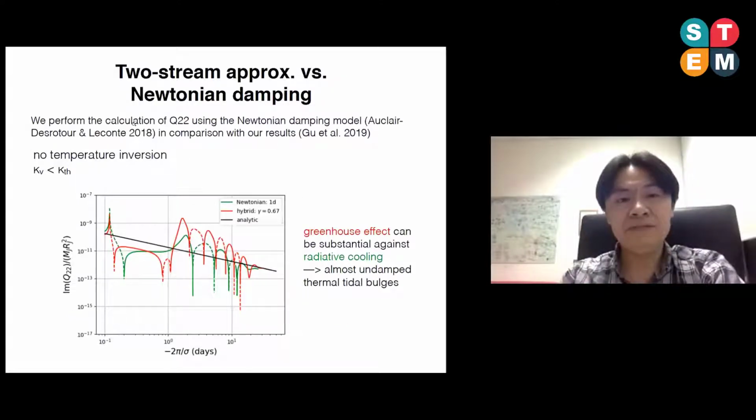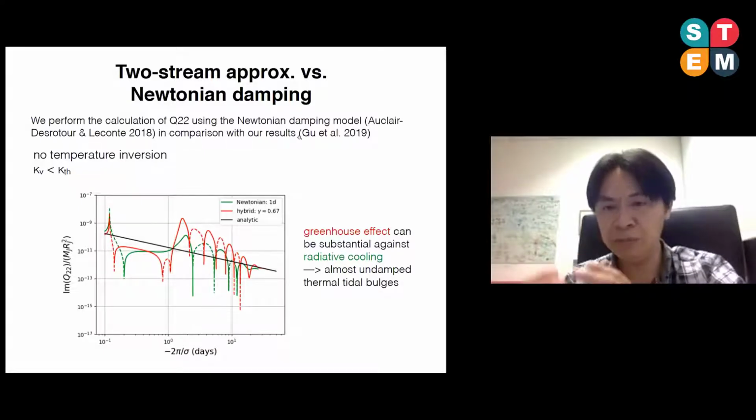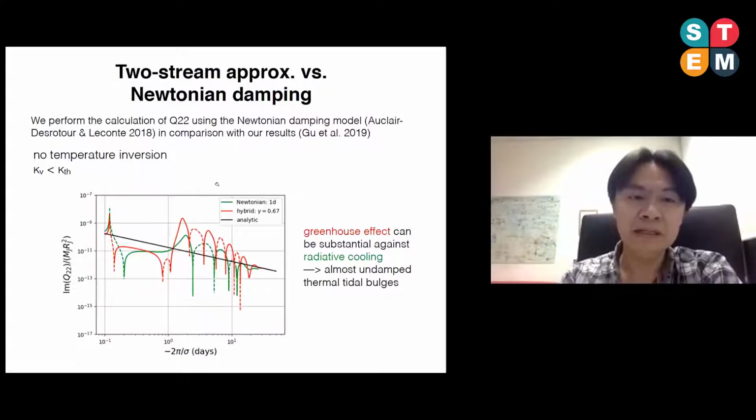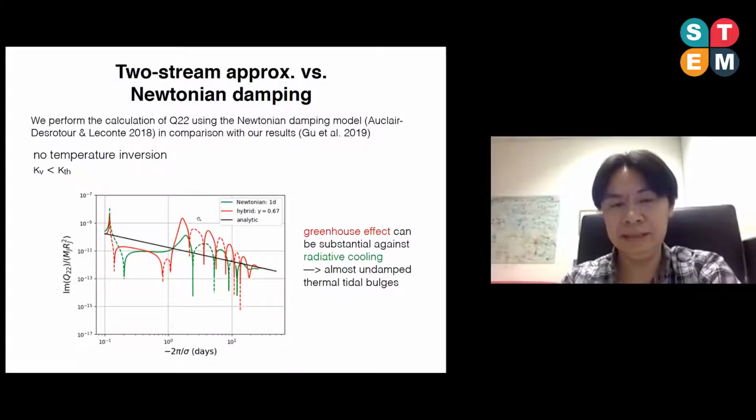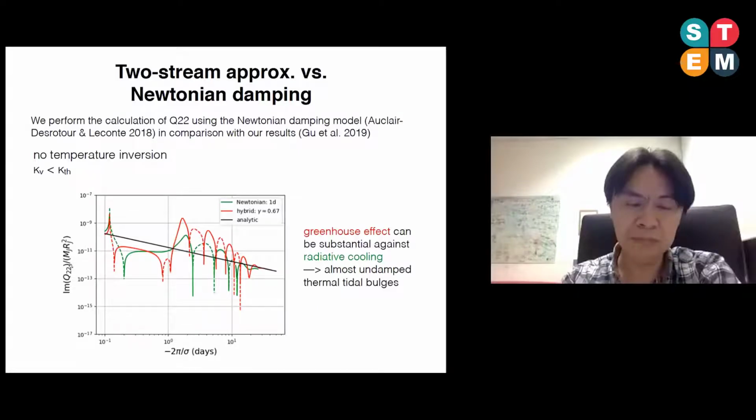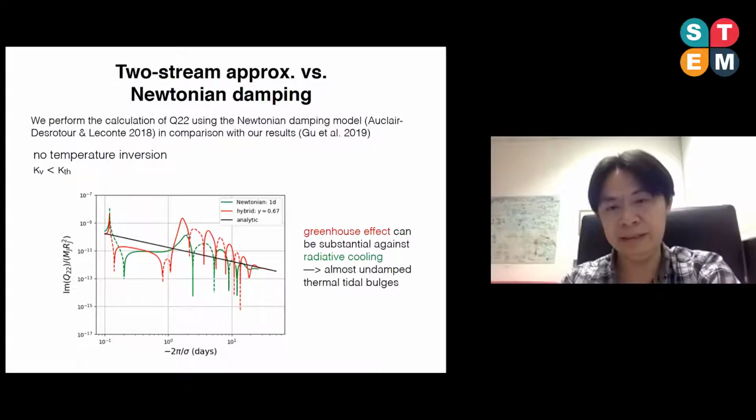Therefore, we performed the calculation of the quadrupole moment of the thermal bulge using the Newtonian damping model by this French group, as indicated by the green line, in comparison with our result, which incorporates the greenhouse effect. As you can see, the quadrupole moment associated with the thermal bulge with the greenhouse effect is much bigger, stronger than the quadrupole moment without the greenhouse effect.